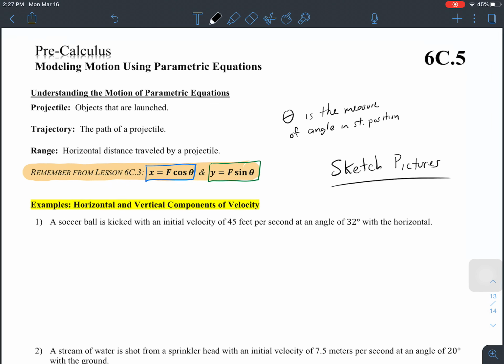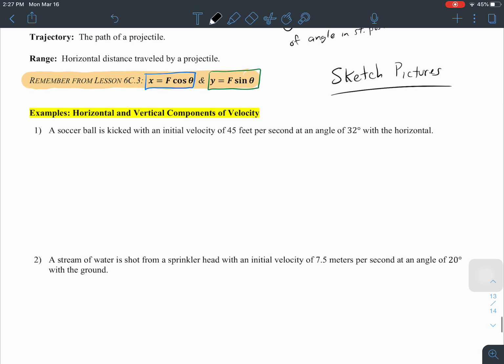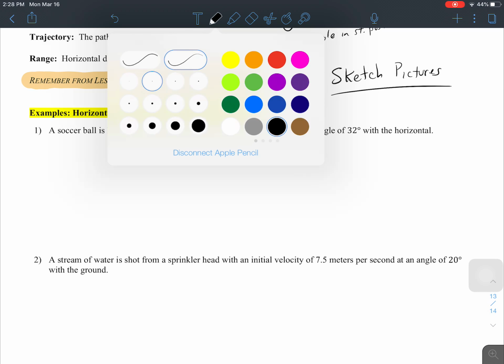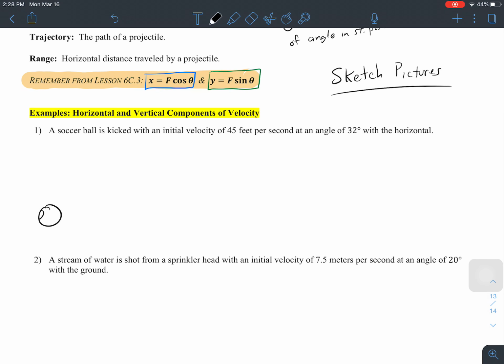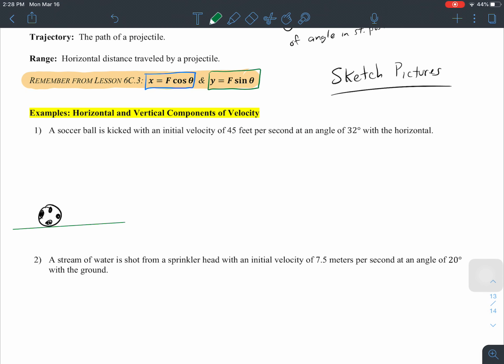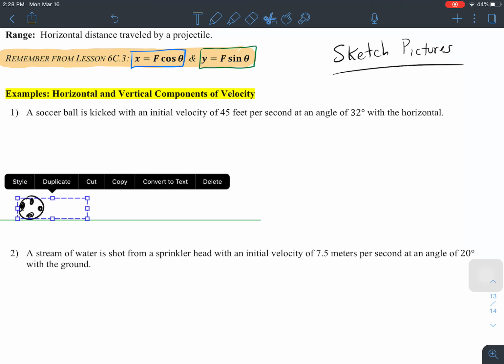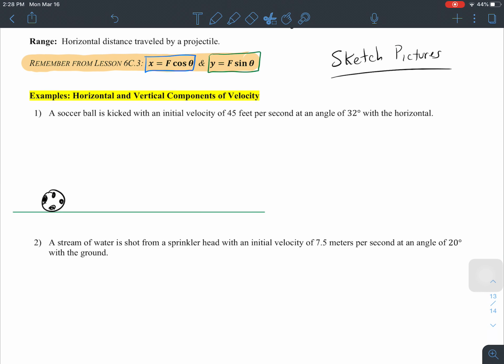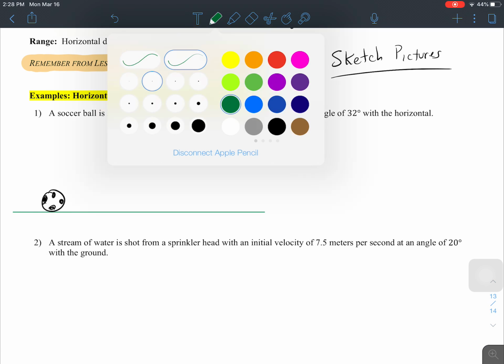So the first few examples are pretty basic. We're just being asked to sketch a picture and identify the horizontal and the vertical component. A soccer ball is being kicked from the horizontal with an initial velocity of 45 feet per second at an angle of 32 degrees with the horizontal.